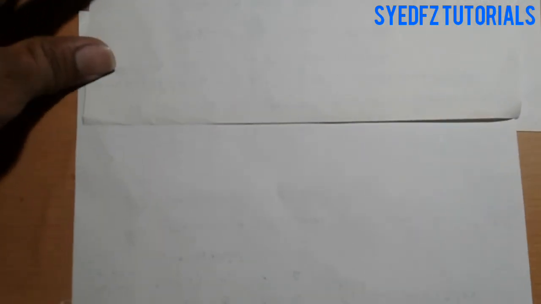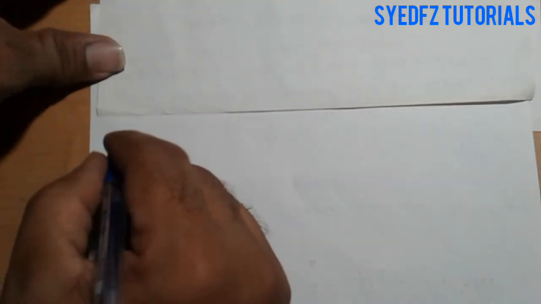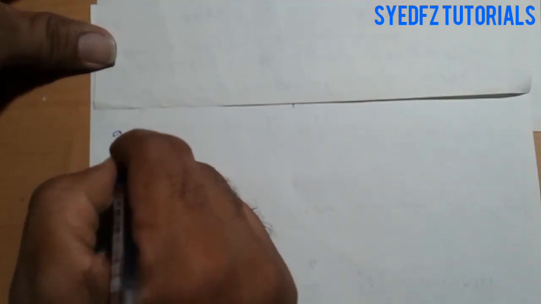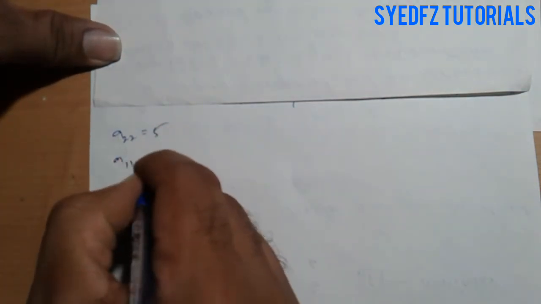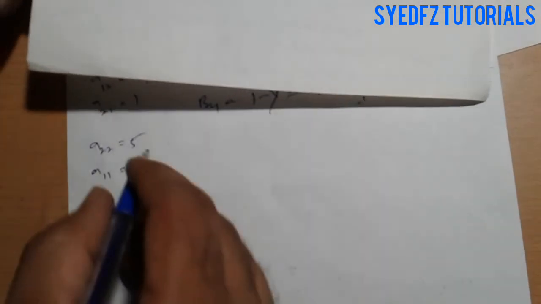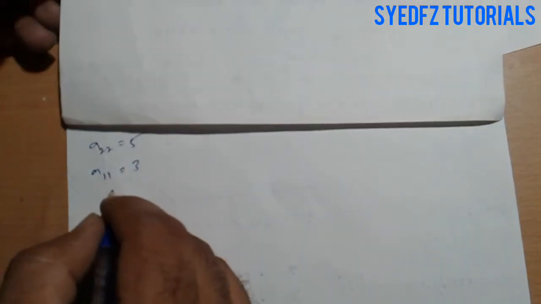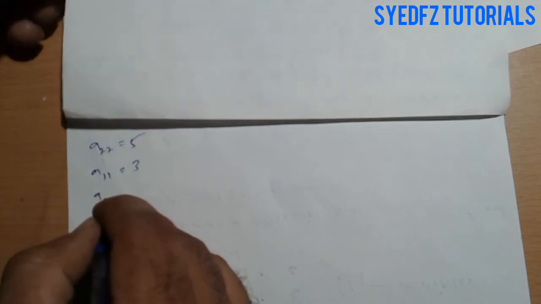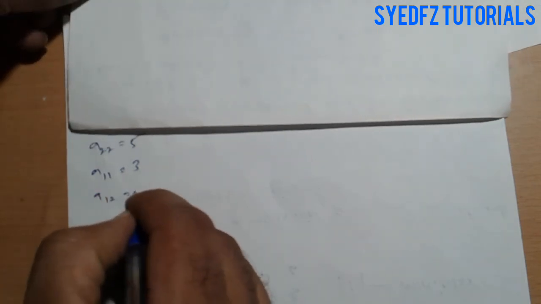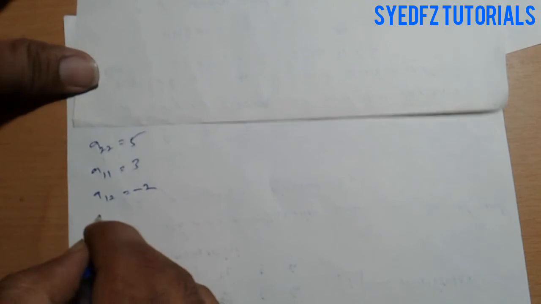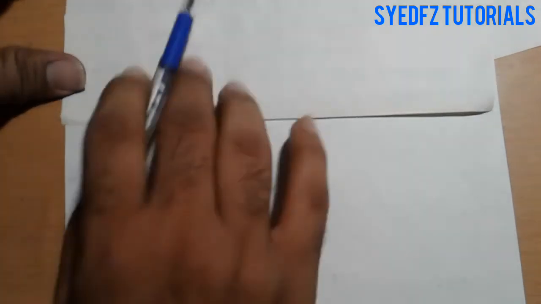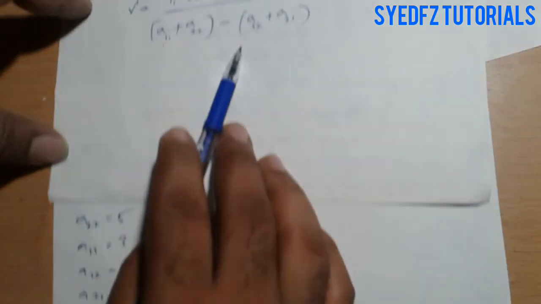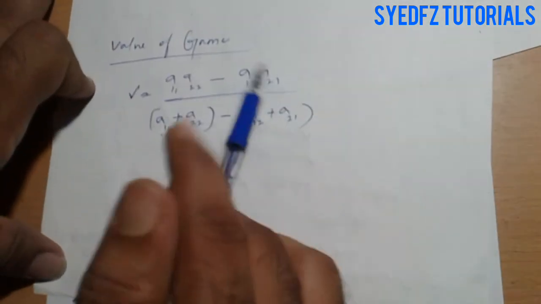Inside the values, what is the value of A? A22 is 5, A11 is 3, A12 is minus 2, A21 is 1. Now enter into the problem, the value of game.